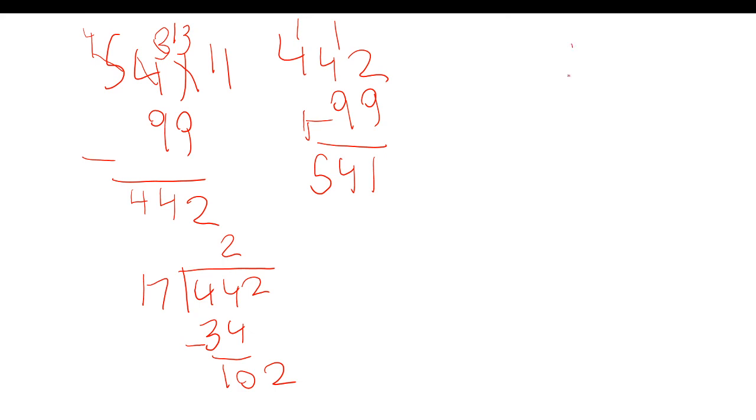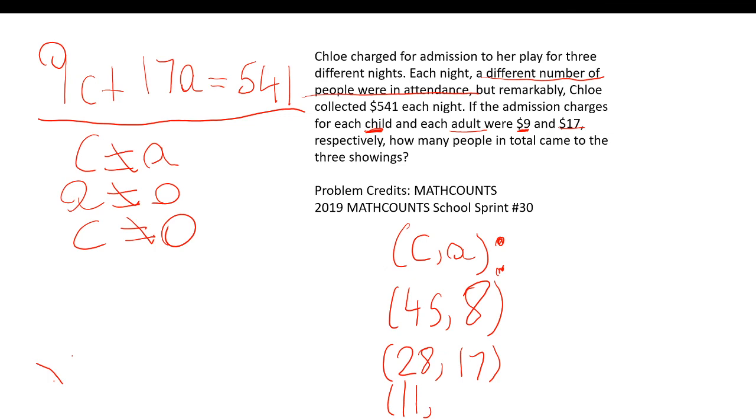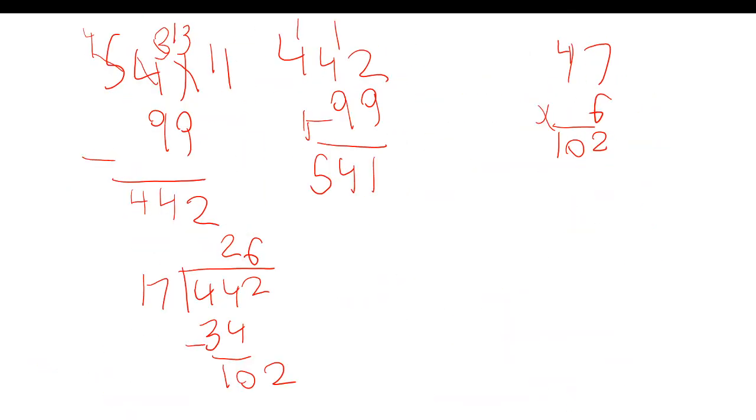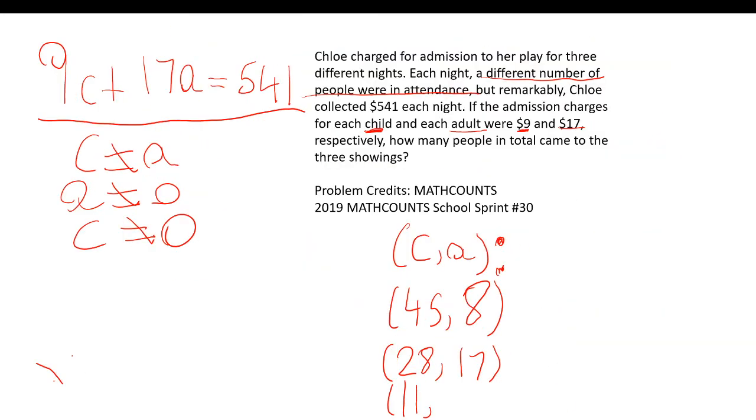I'm going to test out this 17 times 6. And sure enough, that's what I'm going to get. 6, 4 is 10. I have this 26 lying out here. We know the value of A, and this is turning out to be great. We know this is 26, so we can just plug that in right here.